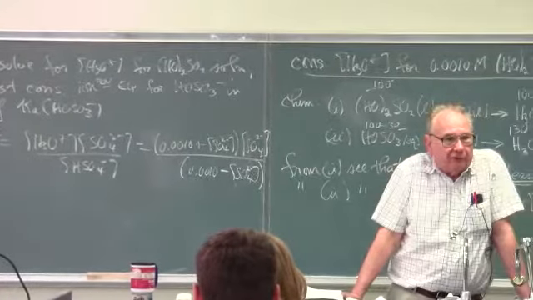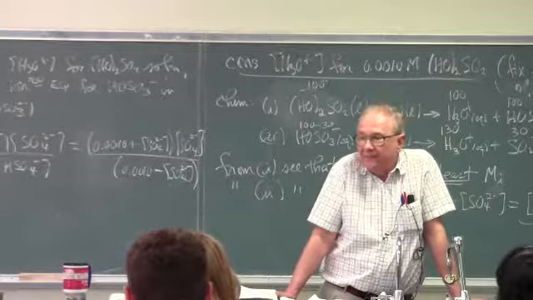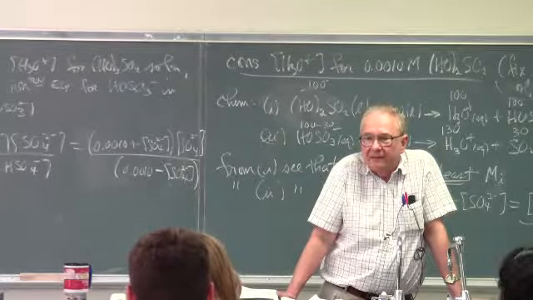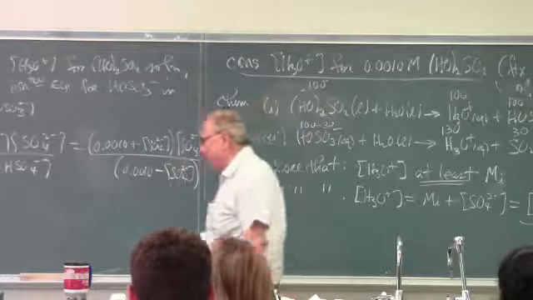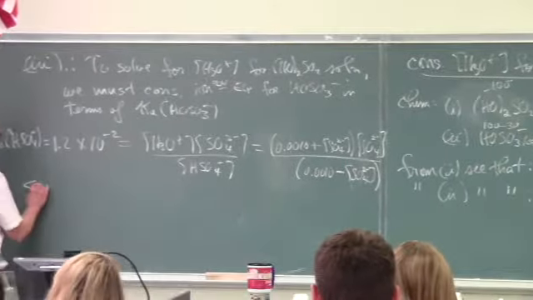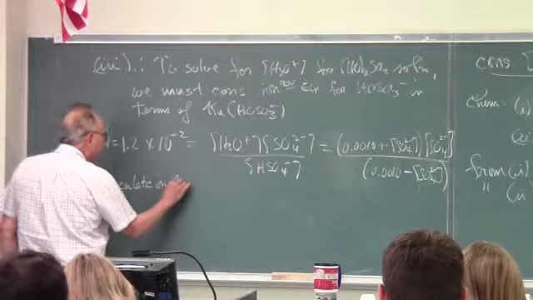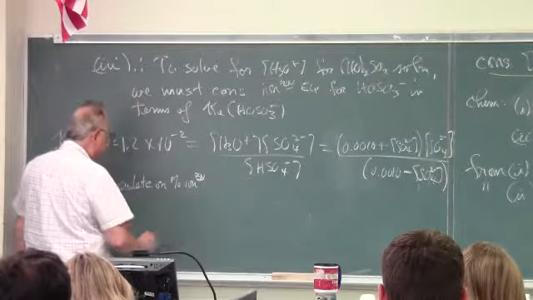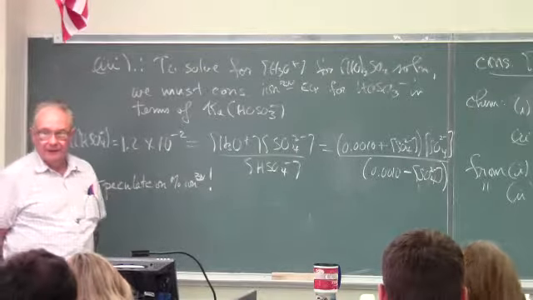How have we attempted to program you to solve expressions like this? What's the consideration we asked you to make? Speculate on percent ionization. How about that? You betcha. And what should we always try first? 50%.